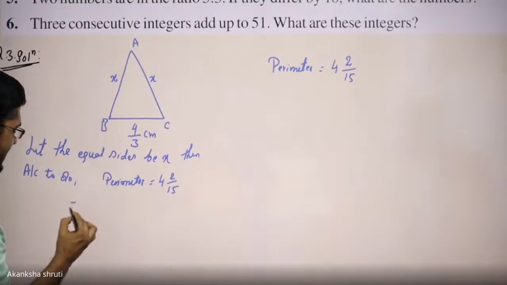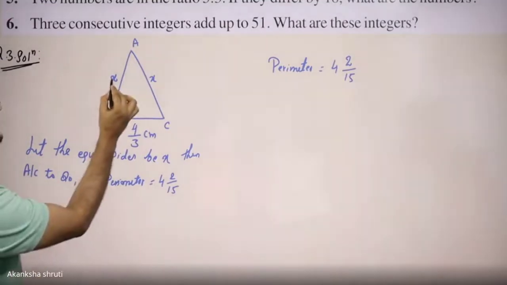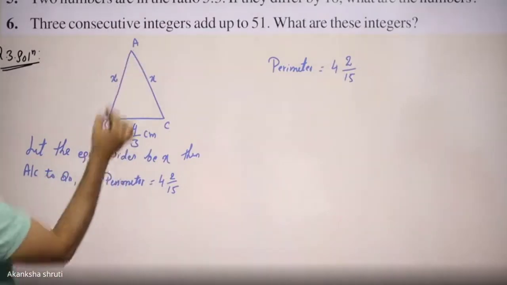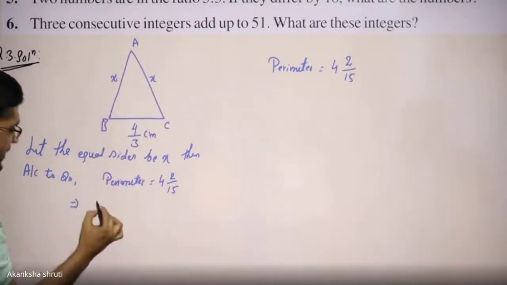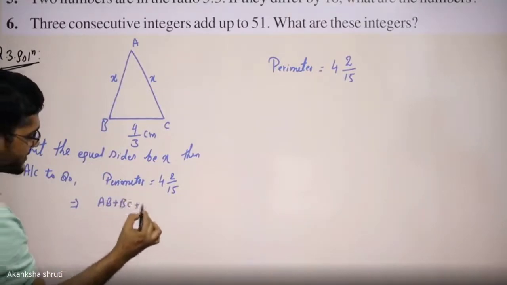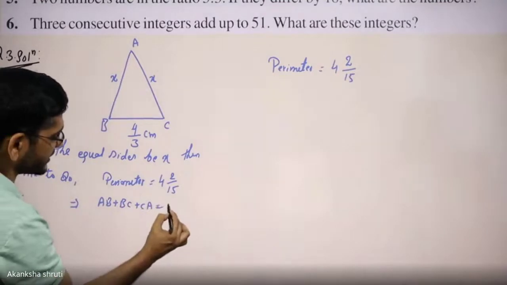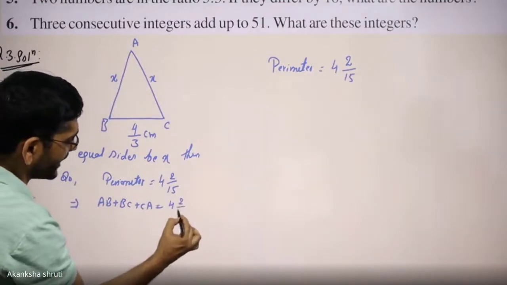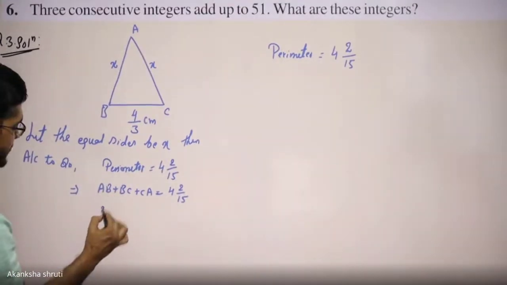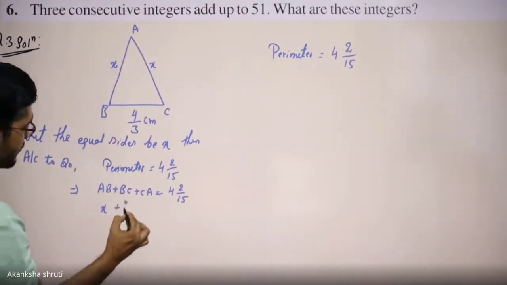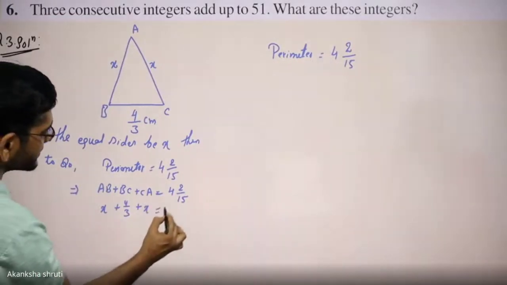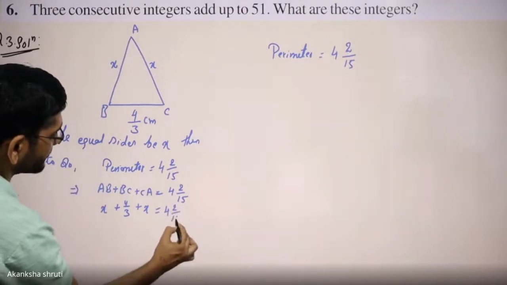What is the perimeter? Sum of all three sides, means x plus 4 by 3, means AB plus BC plus CA, that is the perimeter. This is the sum of all three sides. This is 4 2 by 15. This is the definition of perimeter I have written. This AB has to be calculated. x plus 4 by 3 plus x is 4 2 by 15.